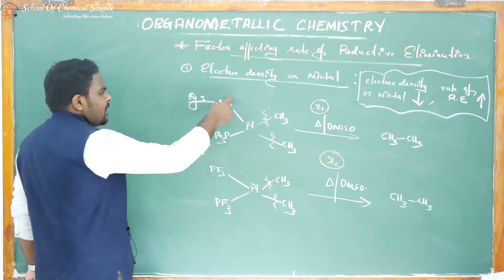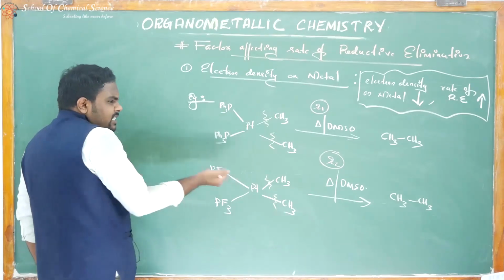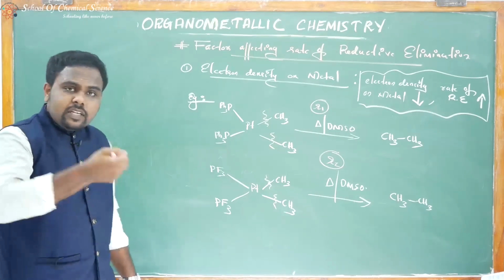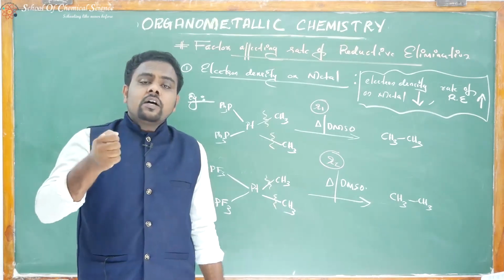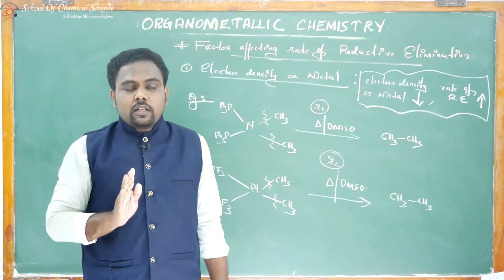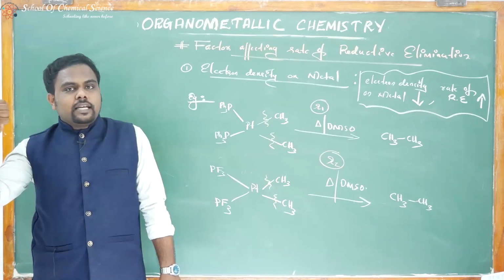You know, comparing triphenylphosphine and trifluorophosphine, PPh3 and PF3 have some withdrawing character. All phosphine ligands have withdrawing character, but a poor withdrawing effect compared to carbon monoxide and nitrosyl. Carbon monoxide and nitrosyl are powerful acceptor ligands.